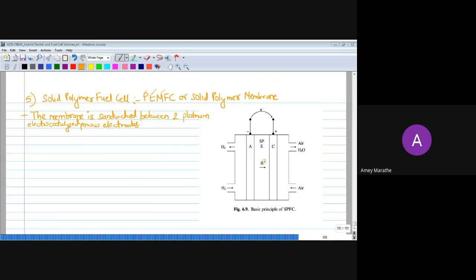So platinum is used as a catalyst in this polymer electrolyte membrane fuel cell. You have to remember that platinum is used as a catalyst here.